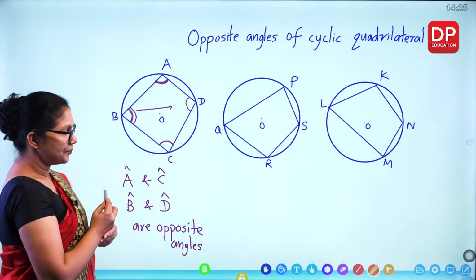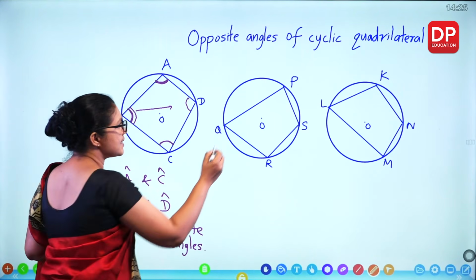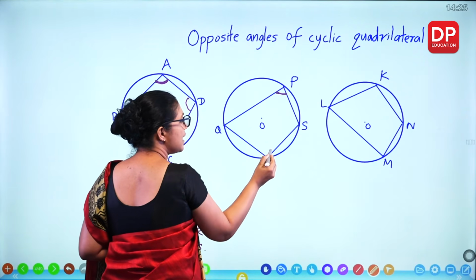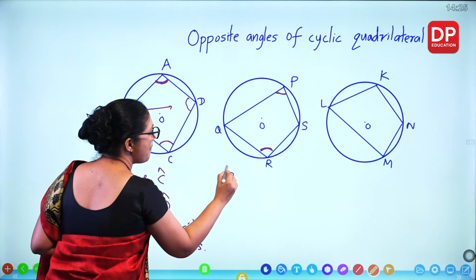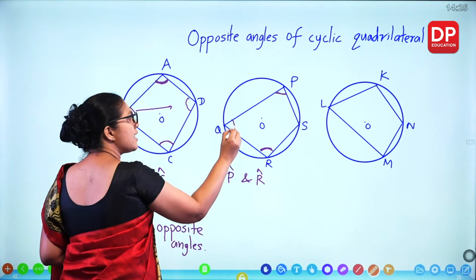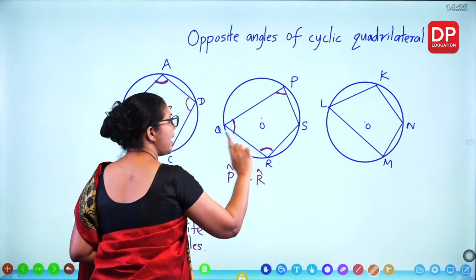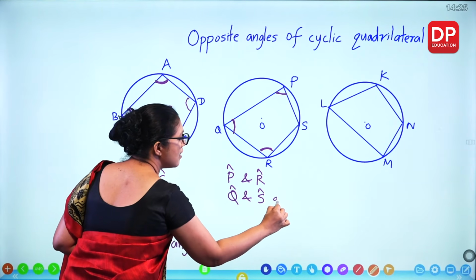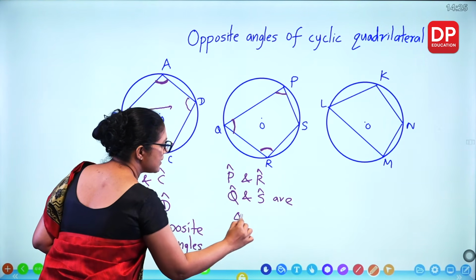This one. What are opposite angles? If you take P, opposite to P is R. Take Q, Q with S. Q and S are opposite angles.